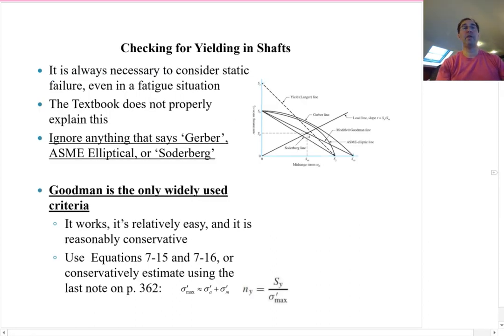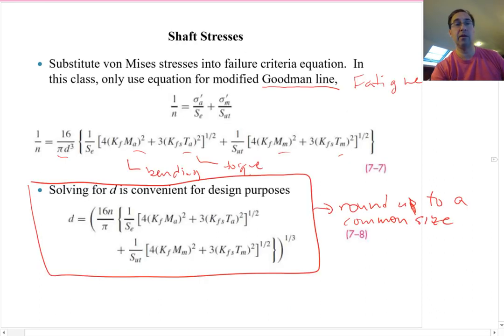So aside from the fatigue analysis that we did, if we go back up a couple, we solved for the diameter based on a fatigue calculation. This is all solved out for you here in slide 10. This is the diameter for fatigue. Also, I'll mention that you don't have to use K sub f and K sub fs.